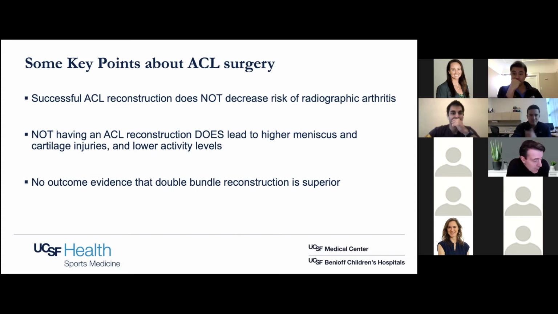And this other question, have any of you seen a double bundle repair, reconstruction? No, I did a few when the concept was hot, but I think it's gone out of favor. And I think the answer to that question is really that it's no better than what we currently do.